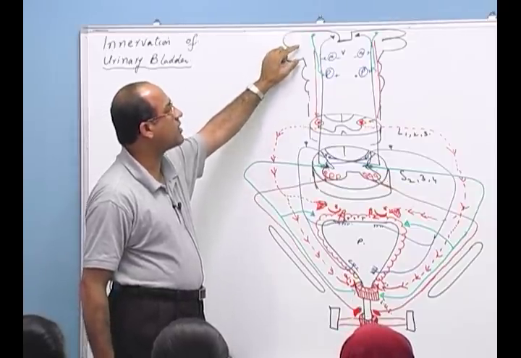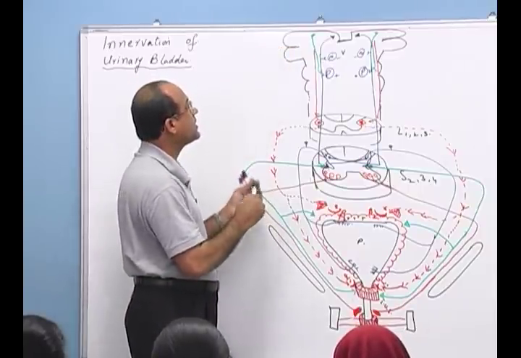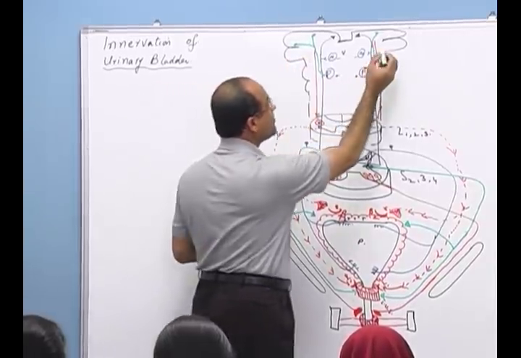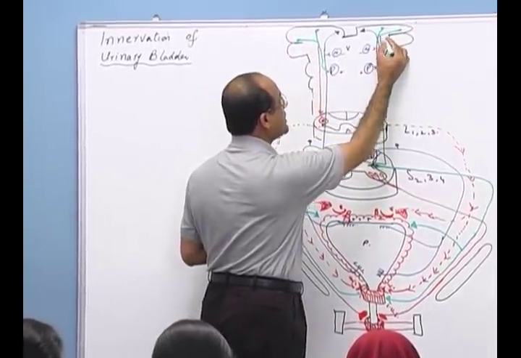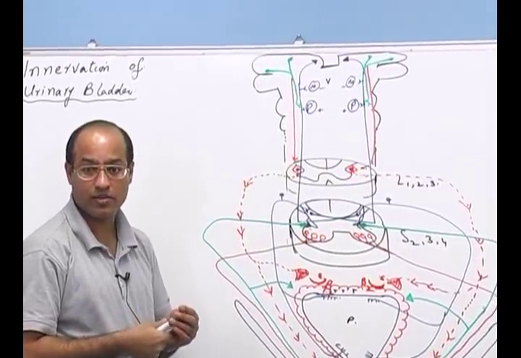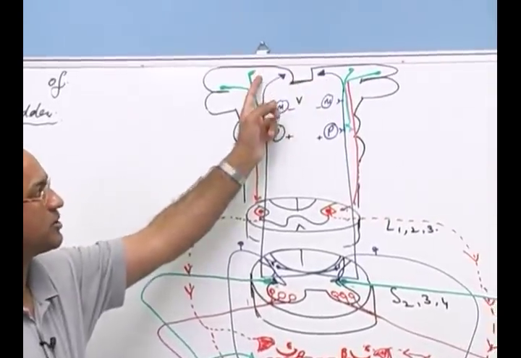In this particular case, the role is played by, number one, the inferior orbital cortex, which socially decides whether you are at the right place and at the right time to pass the urine or not. Number two, the final decision is made by the paracentral lobules.